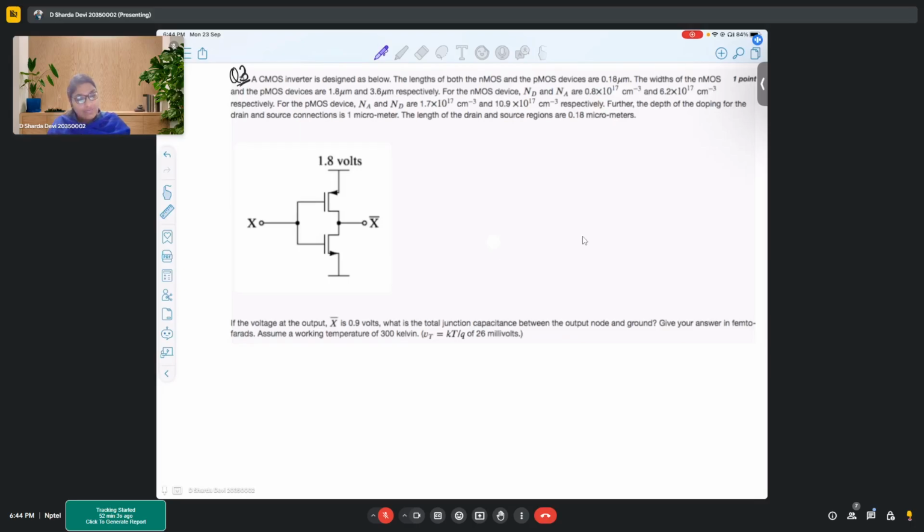So the length of both the NMOS and PMOS transistors is 0.18 micrometer. Width of NMOS is 1.8.